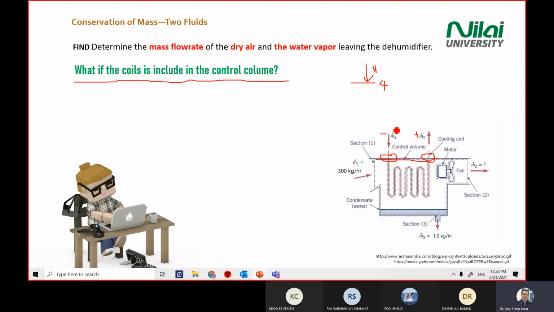Since it's vertical, I will just use V to represent the vertical direction. The area always points out of the opening, A. So the product of these two arrows gives you a negative sign.